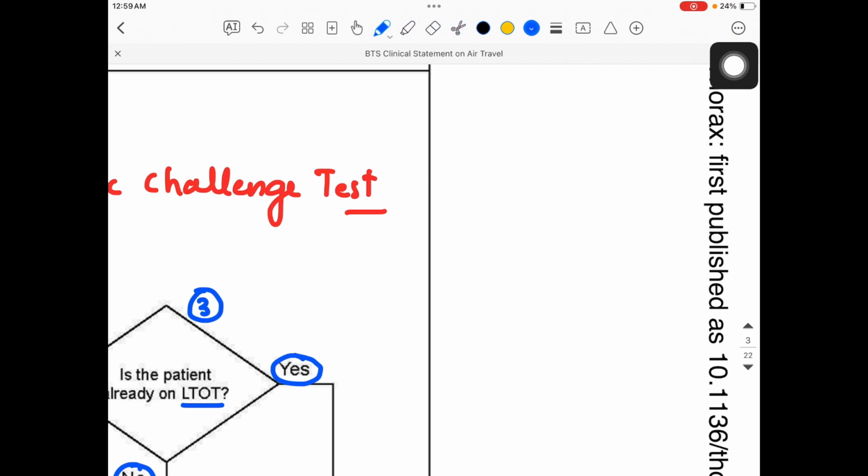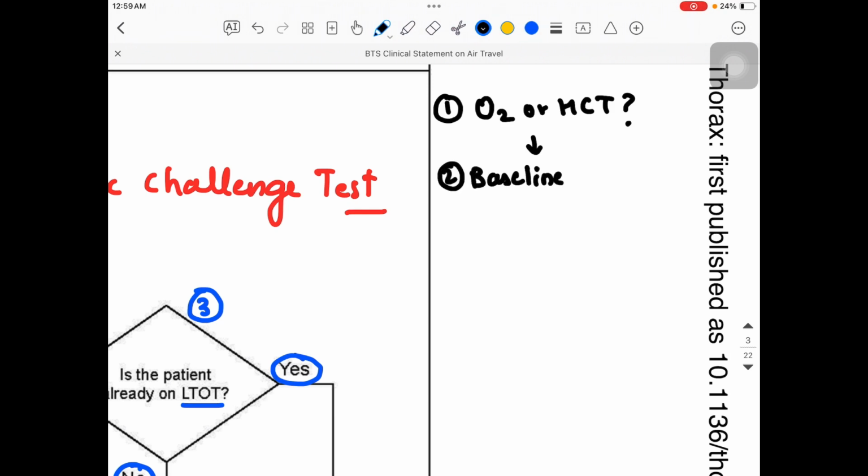The first question was the same, guys: does the patient need oxygen in the flight, or hypoxia challenge testing? Next question: what about the baseline saturation, baseline SpO2? Now let's say in our scenario baseline saturation is lesser than 95%.